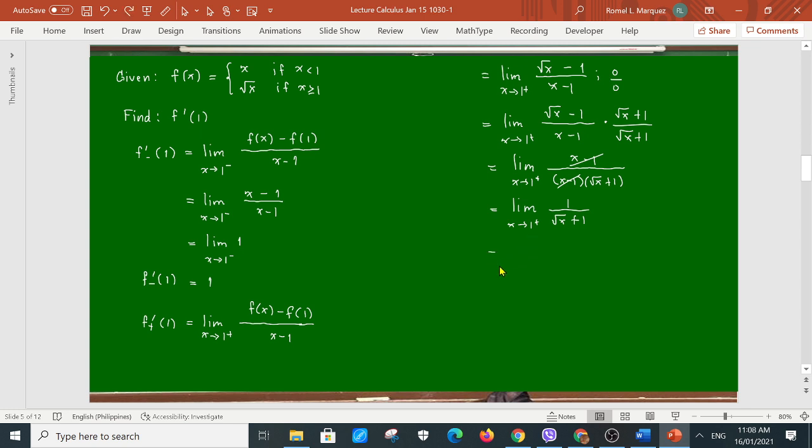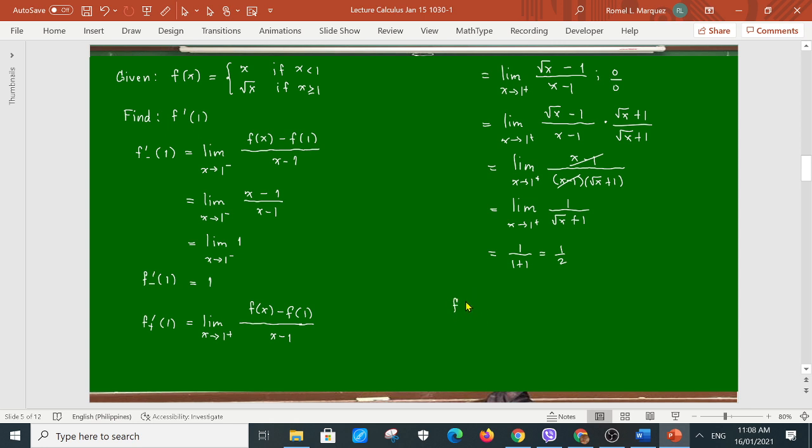And this is equal to what? 1 over 1 plus 1. So that is 1/2. Both derivatives from the left and from the right exist but are not equal. Therefore, the derivative of f at 1 does not exist. Okay?